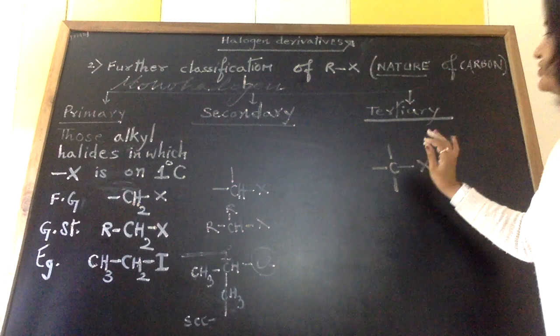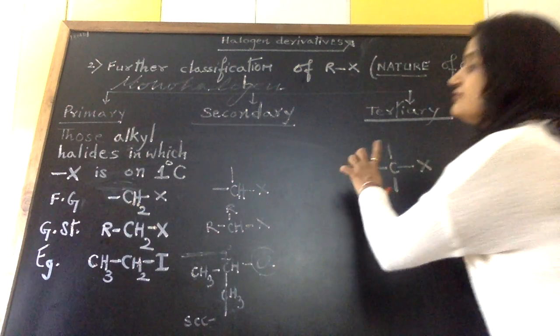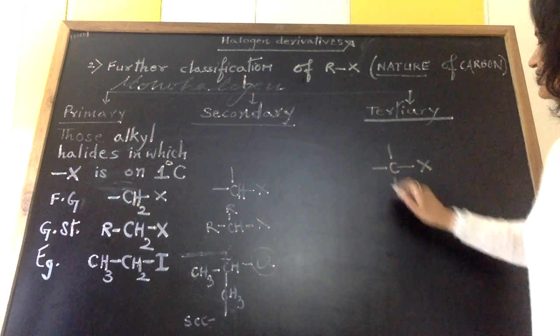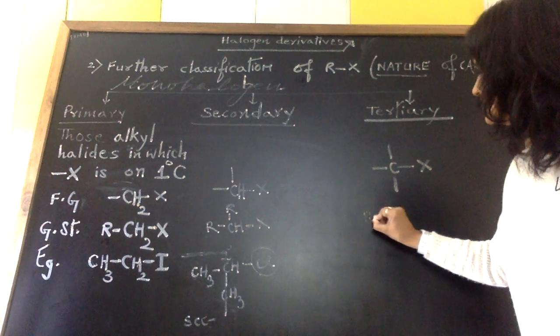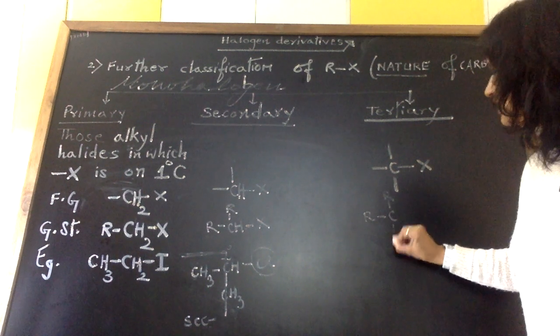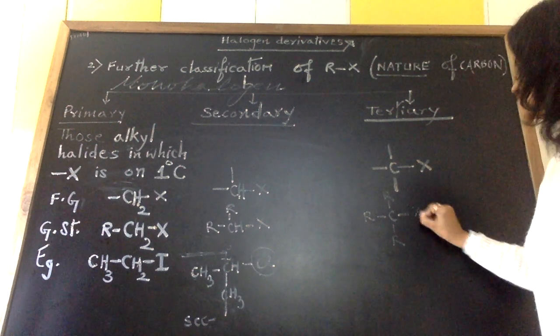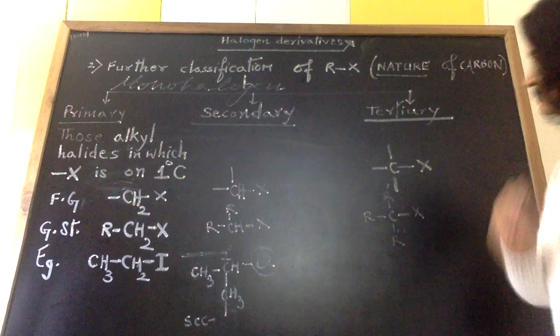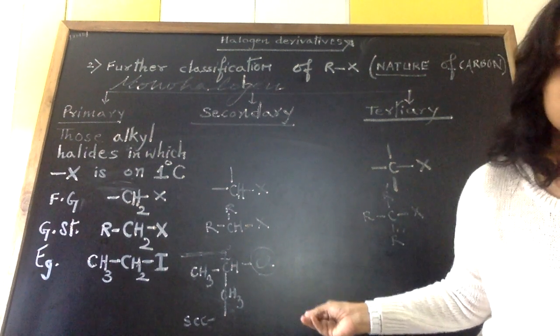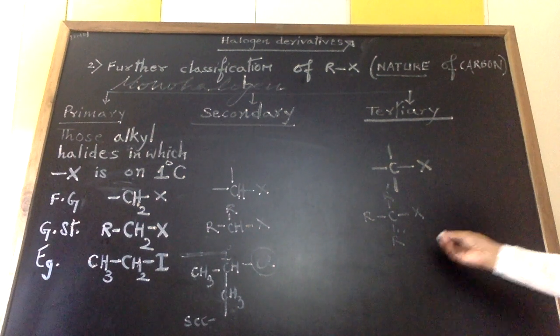So this is the tertiary alkyl halide functional group. General structure: on all 3 bonds we attach R. R, R dash, R double dash, and X. This is the general structure of tertiary alkyl halide.